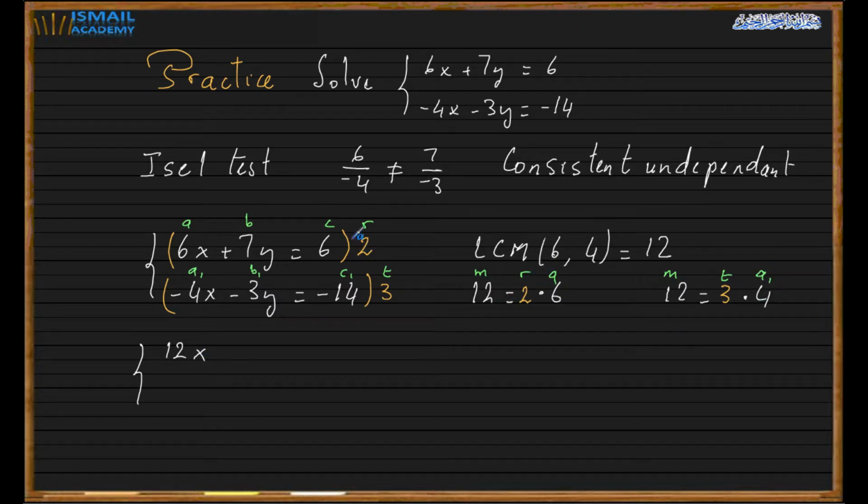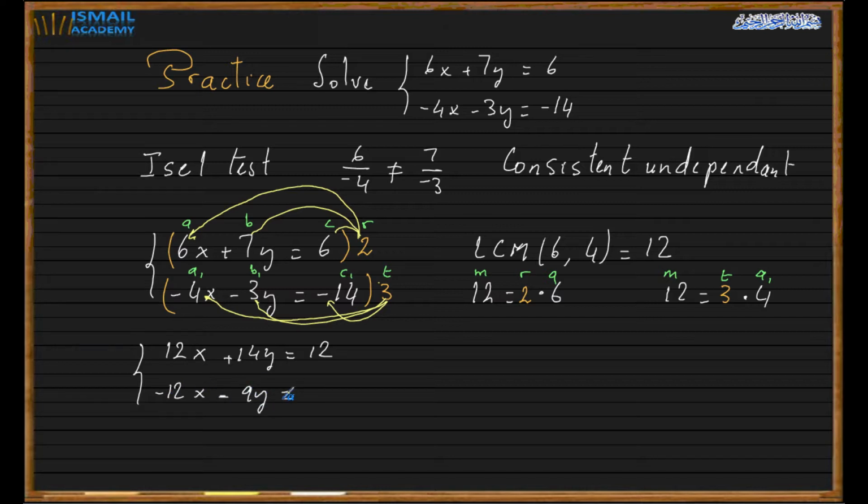I will get 2 times 6, which is 12, so I substitute 12 here, and I multiply the same way here. So at the end I will have 12x plus 14y equals 12, and here I will have minus 12x minus 9y equals minus 42.